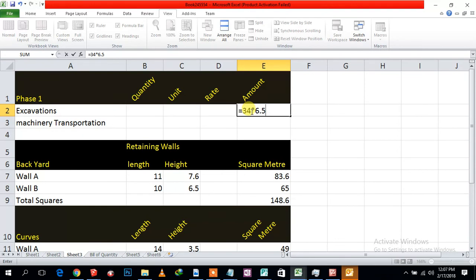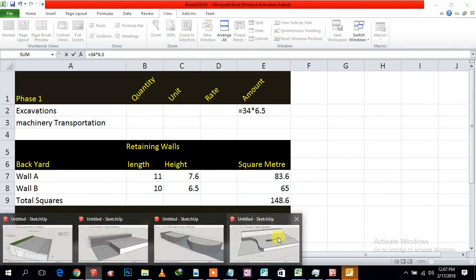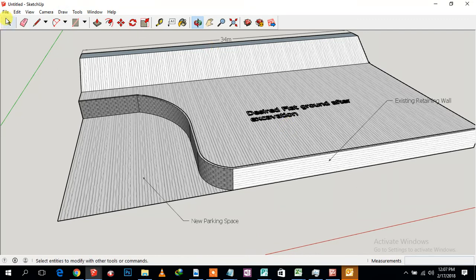And the height, we're looking at about 1.5 meters just to get to the desired level, like on this drawing here. So I've got this length of 34 meters, and I was talking about this dimension here from the existing retaining wall to the boundary, and then I'm also going to consider the height of the bank that we're going to expose after the excavations.